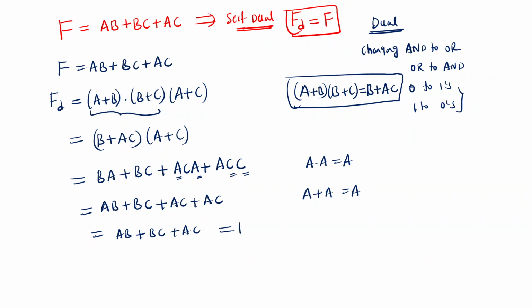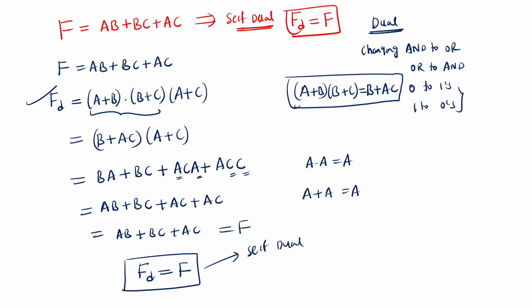So this is equal to F. I calculated FD, so that means the dual of the function is, at last, F. Then we can say that this function is self dual. So this is one more problem related to Boolean algebra. They will ask the question to find out whether it is self dual or not.